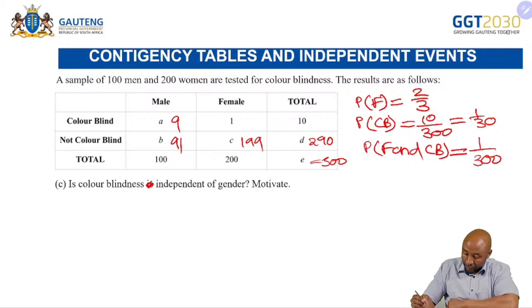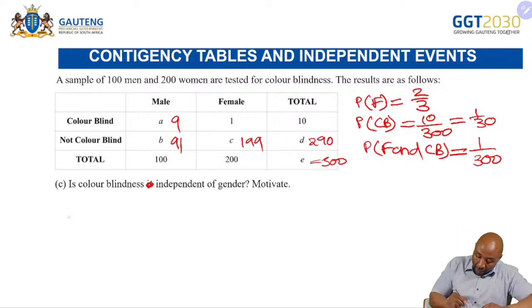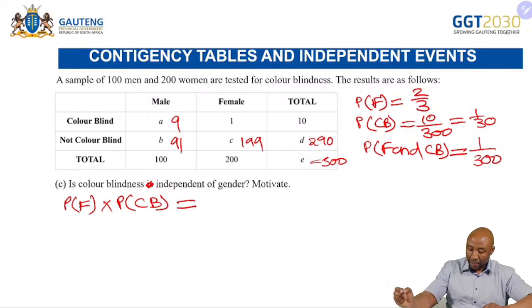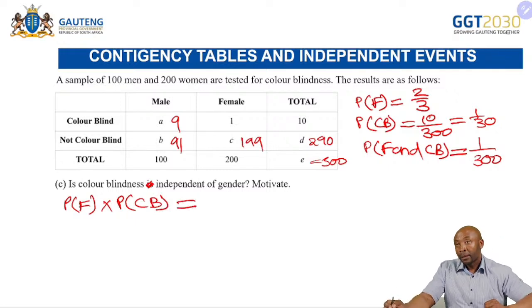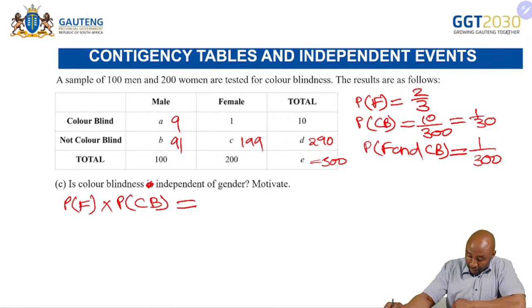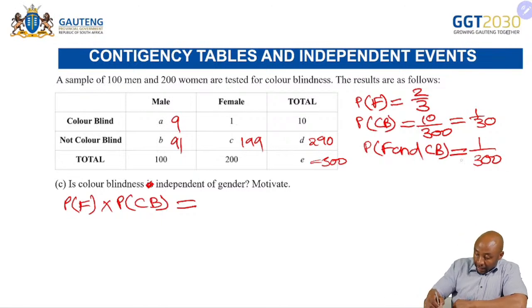Now, I want to check. Remember, if these are independent, it means the probability of being female multiplied by the probability of being colorblind, this should give us what? And should be the same as what I have there.